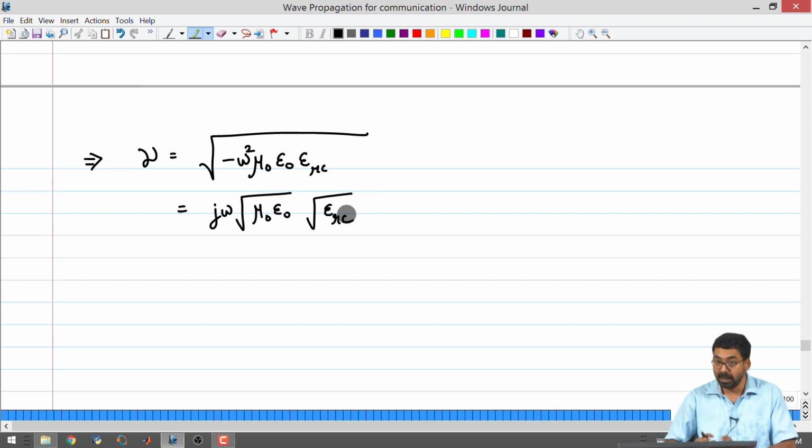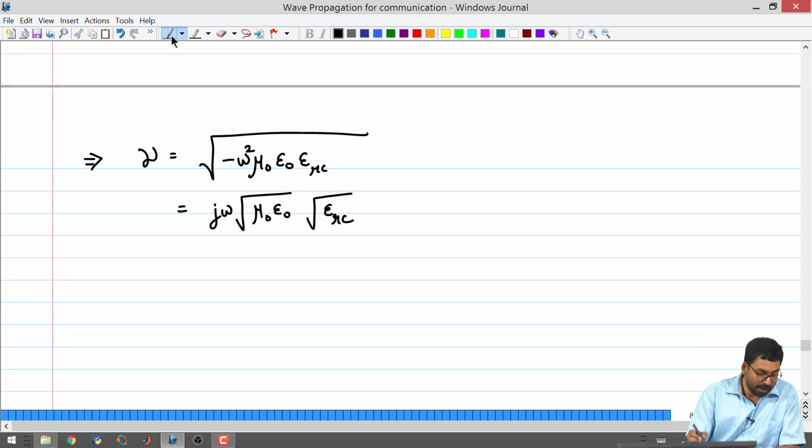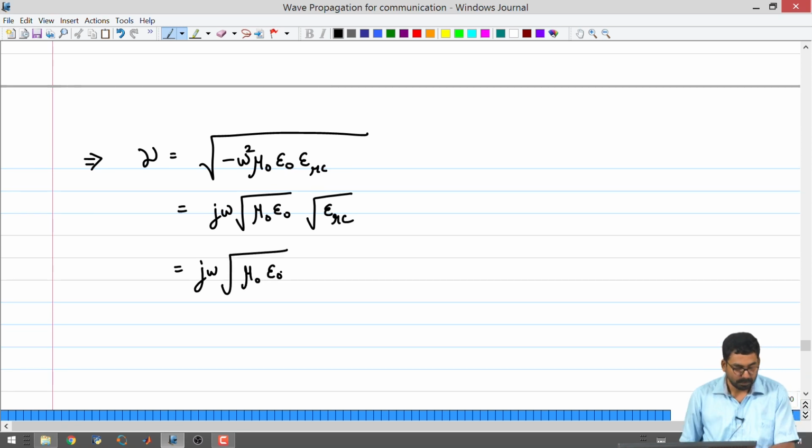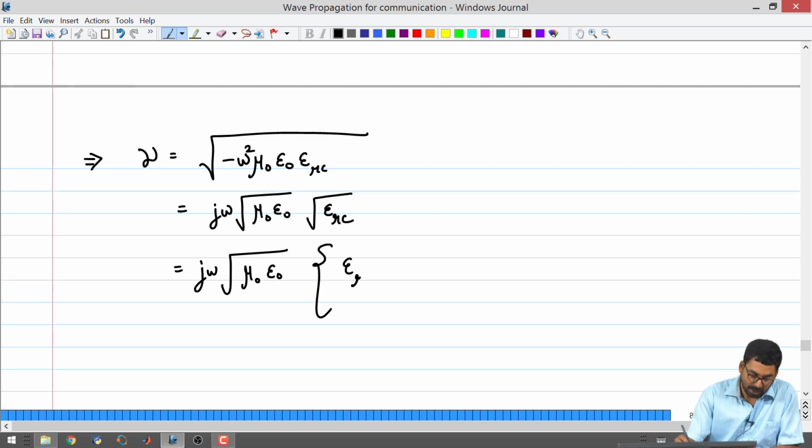So, you will end up having a real and an imaginary part, and the task to separate them is not very simple. Okay. So, I will write down, right. Anyway, I will substitute for epsilon RC in j omega square root mu naught epsilon naught. And for epsilon RC, we know that the expression is epsilon R minus j sigma divided by omega epsilon naught.